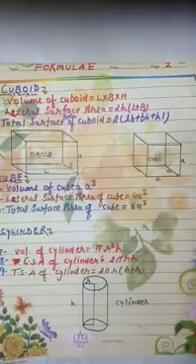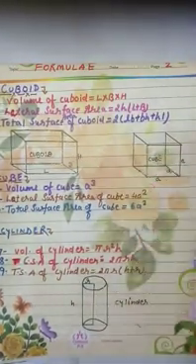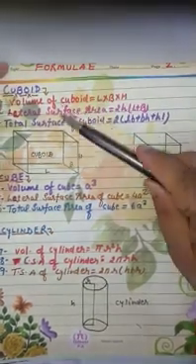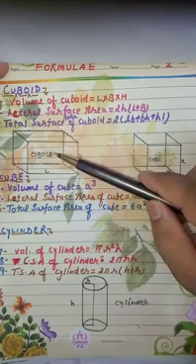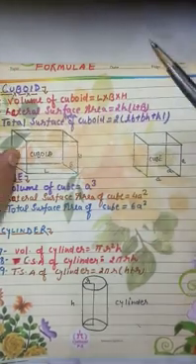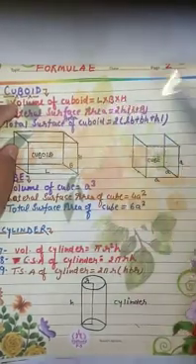Class, as you can see here, there are three figures: cuboid, cube and cylinder. So we'll learn the volume of cuboid, lateral surface area of cuboid, total surface area of cuboid. So class, volume of cuboid is length into breadth into height.